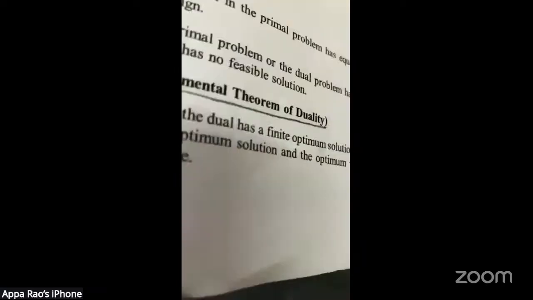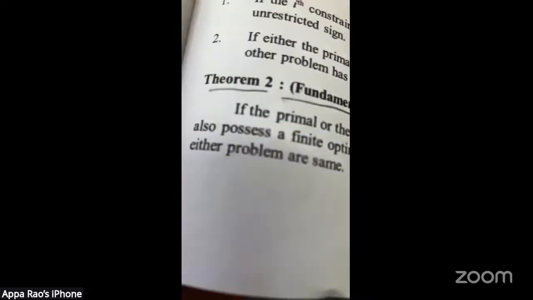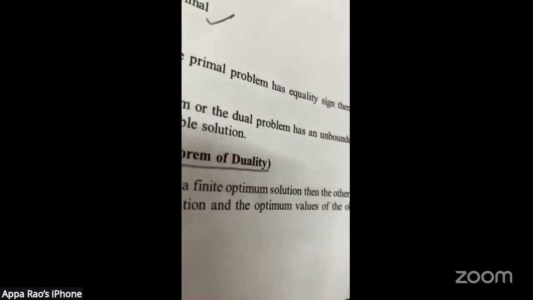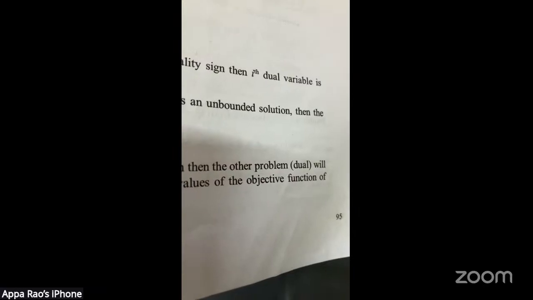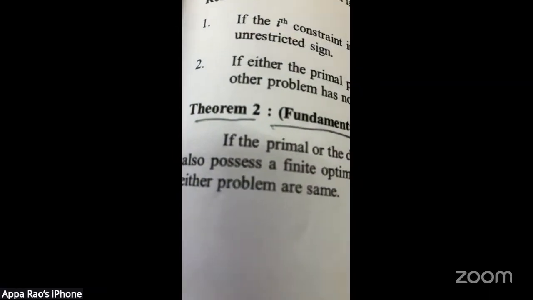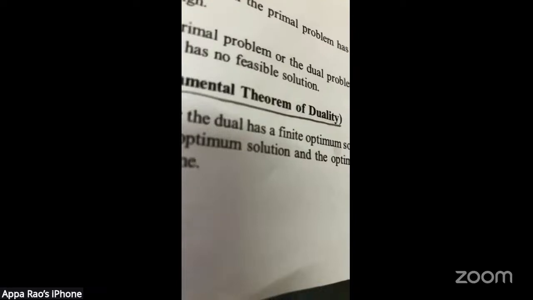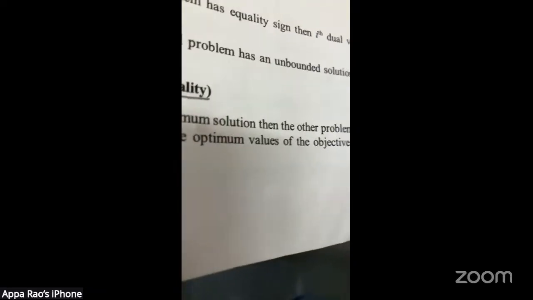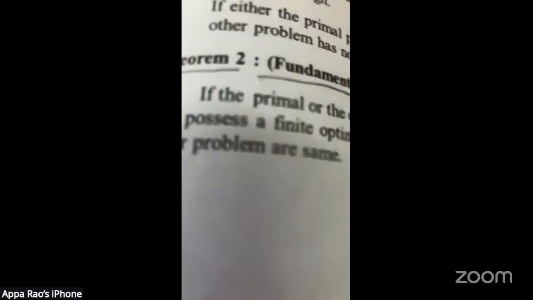So, the fundamental theorem on duality: if the primal or the dual has a finite optimum solution, then the other problem will also possess a finite optimum solution, and the optimum values of the objective function of either problem are the same.